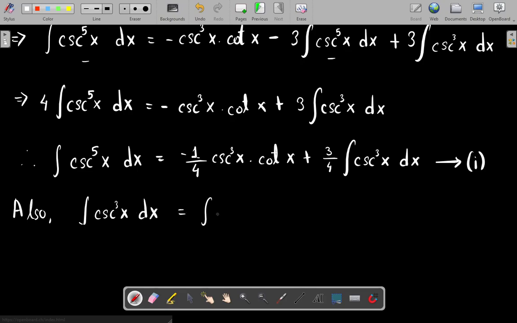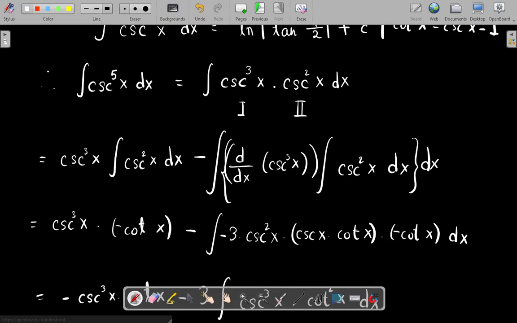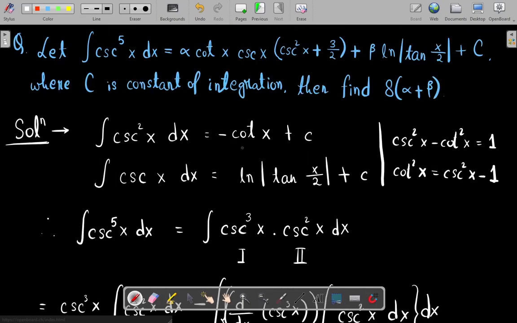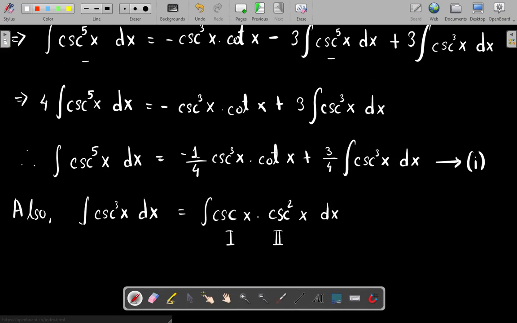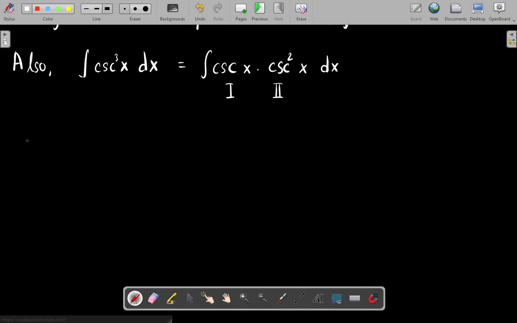This can be further written as cosec x times cosec square x dx. Again we take this as the first function and this as the second function, because the integration of cosec square x is much more elementary, so it is better to take cosec square x as the second function. Again we use the product rule.